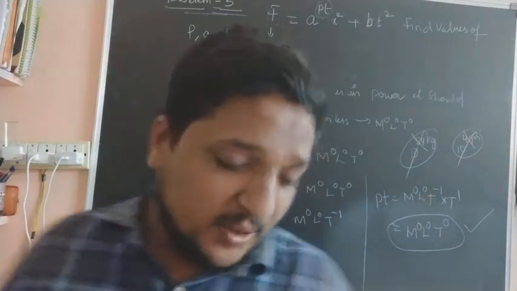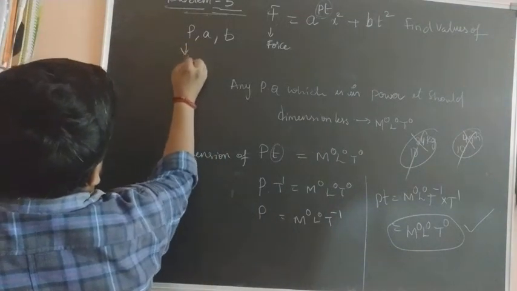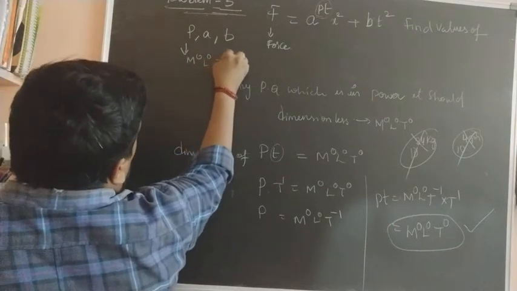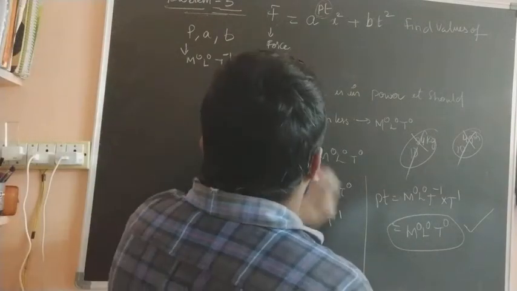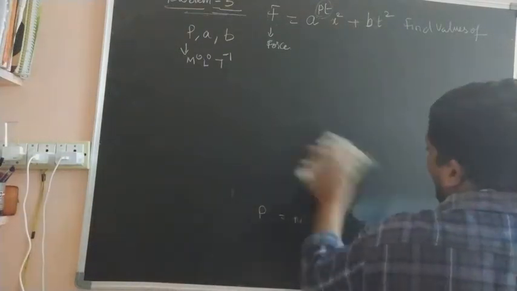We came to know that the dimension of p is M power 0 L power 0 T to the power of minus 1. Now we need to find the dimensions of a.